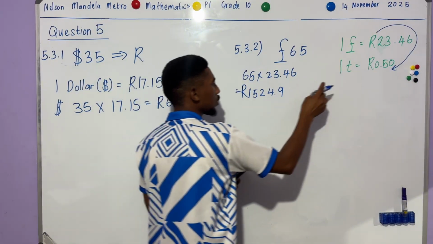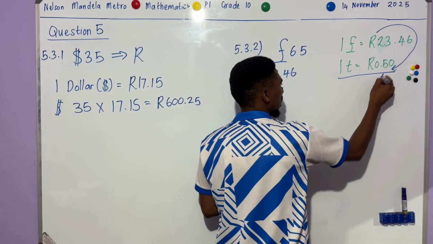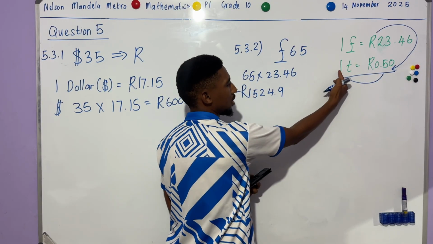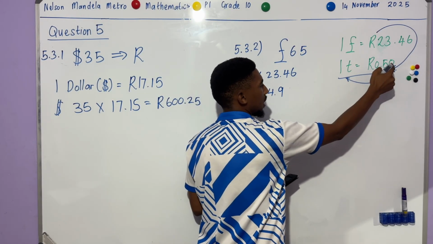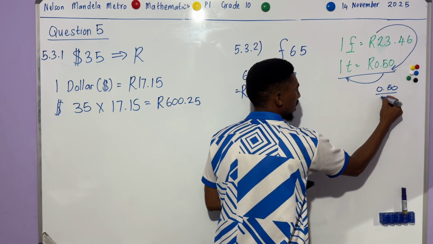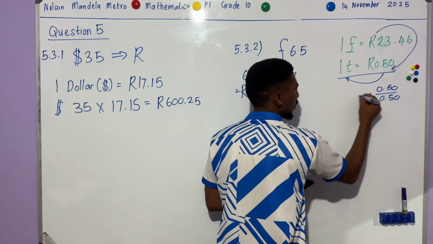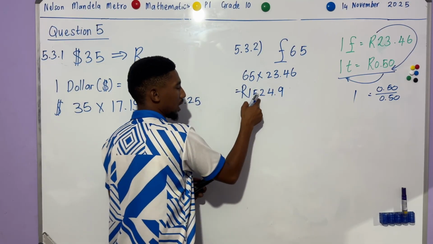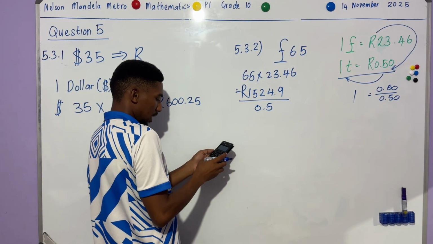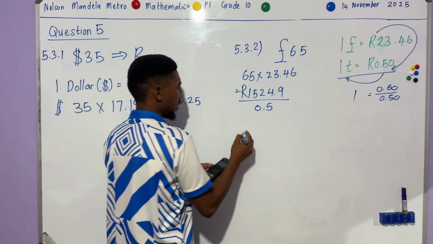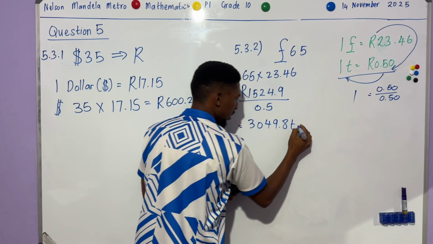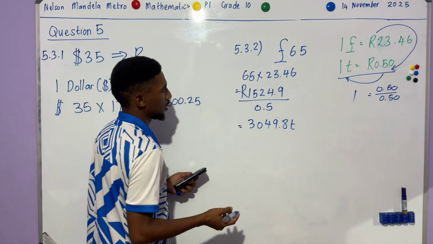We need to go from rands to the Turkish lira. So we're going this way now. How do I get from 0.5 to 1? I divide by this exact number. That will give me 1. So for example, 0.5 divided by 0.5 gives me 1. So to go from the rand to the lira, I have to divide by 0.5. I divide by 0.5, I get 3049.8. That's the Turkish lira. I don't know if the T goes in the front or not.